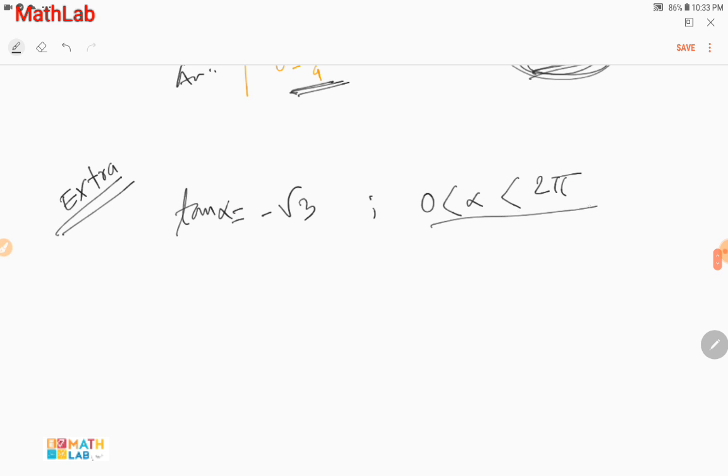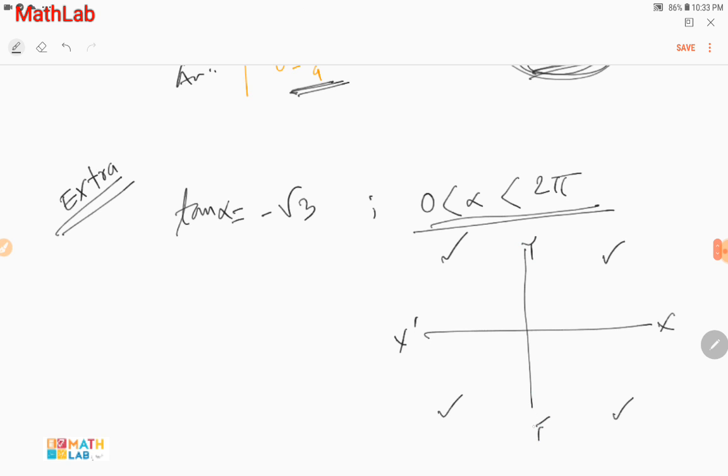That means all four quadrants. So we have to take the first quadrant, second quadrant, third quadrant, and fourth quadrant.